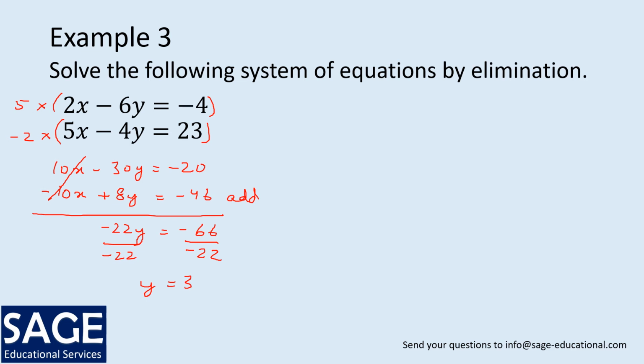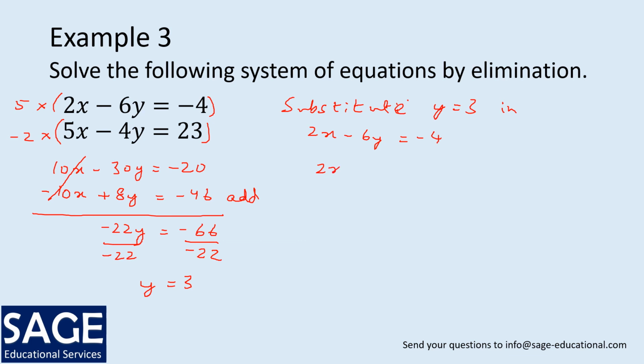And now I can take y is equal to 3 and substitute into either the first original equation or the second original equation. So let's start with the first equation. Let's substitute y is equal to 3 in 2x minus 6y is equal to negative 4.